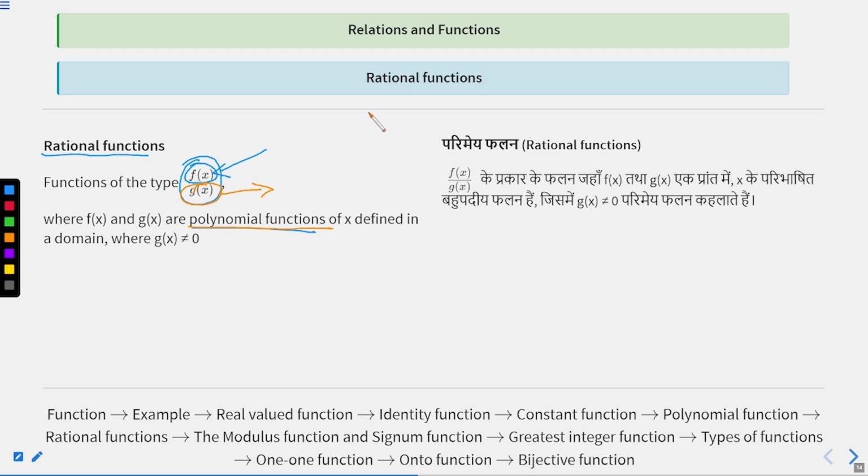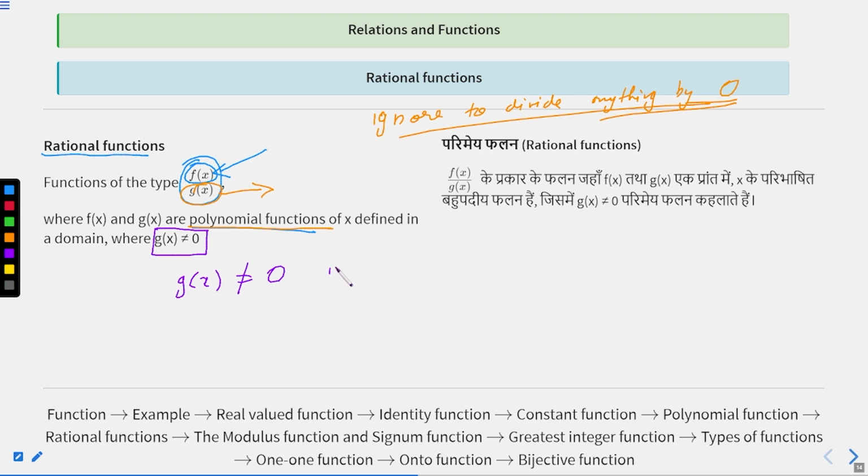If you recall, in mathematics we always avoid dividing anything by 0, because it is not defined. So that's why we take this restriction that g(x) must not be equal to 0, that means g(x) is not equal to 0 for x belonging to the domain of the function g.